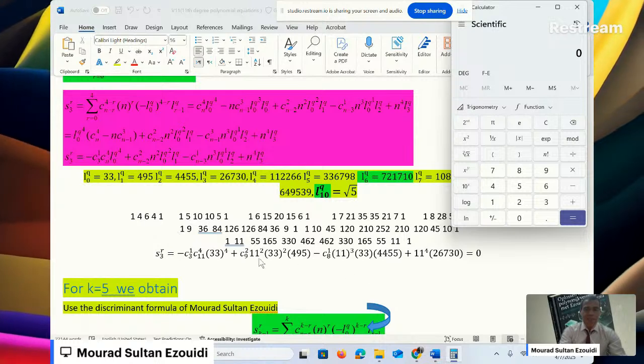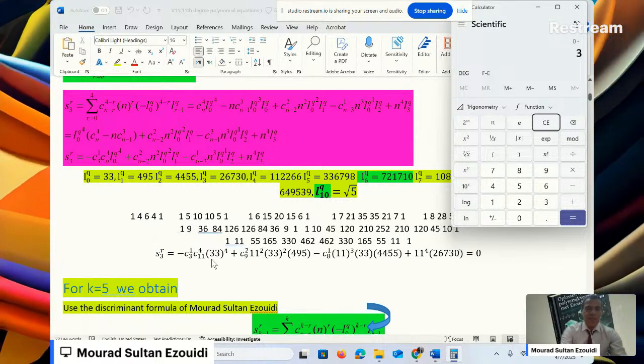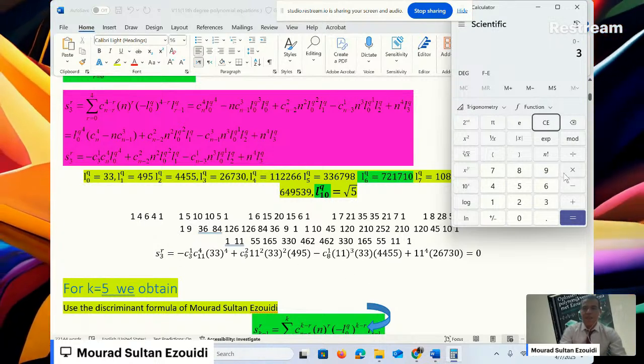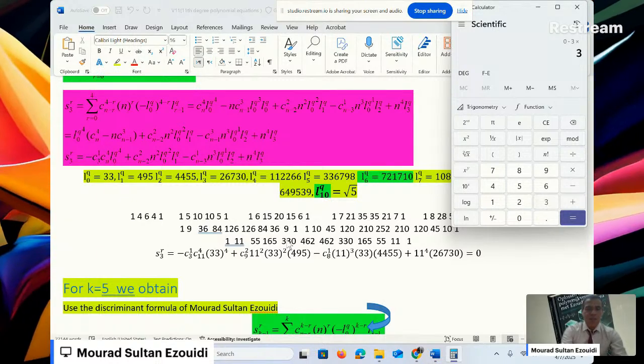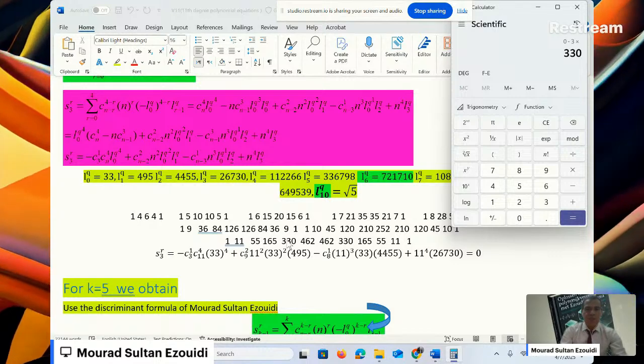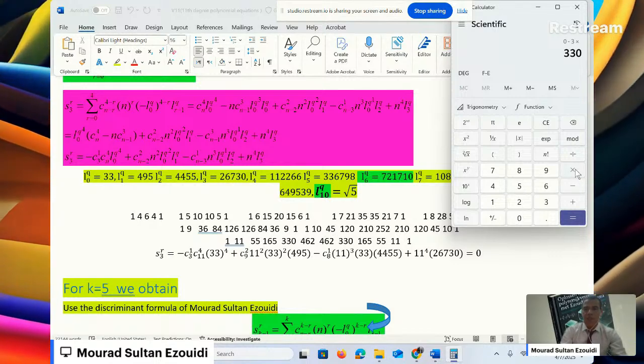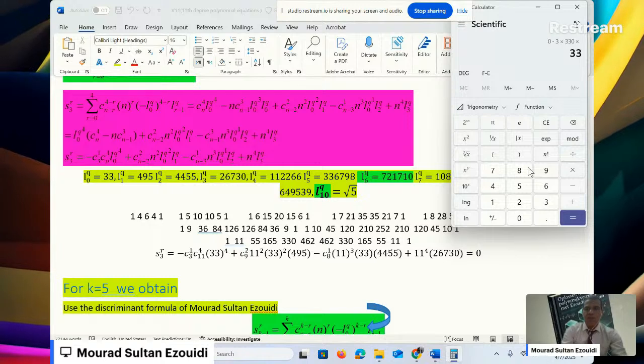I will calculate this with negative 3 times 11 choose 4. 11 choose 4 means 330 times 33 raised to the power 4.